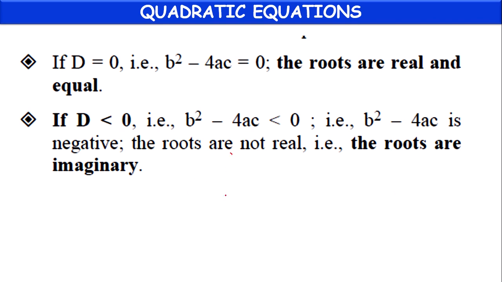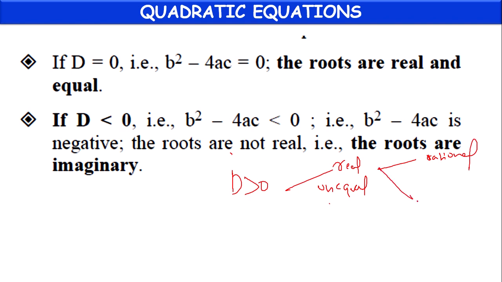So like this, children, based on the discriminant value, we can guess the nature of roots. If the discriminant is greater than 0, roots are real and unequal. If it is a perfect square, rational and unequal. If it is not a perfect square, irrational. If d equals 0, then they are real and equal.